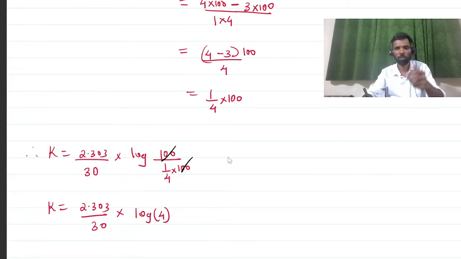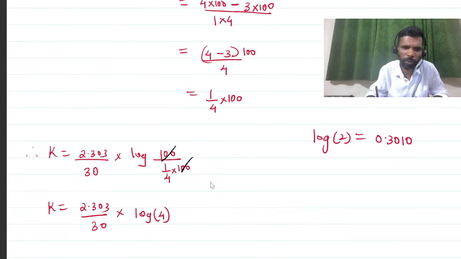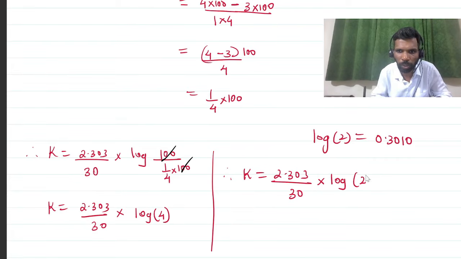Now how to find log of 4? Everyone should know that log of 2 is very important. It is 0.3010. Everyone should know this log. So how to solve this part? I'll write over here. Therefore, K is equal to 2.303 divided by 30 log of 4 could be also written as 2 raised to 2, right? It could be also written this way. So from the identities of the logarithm, can I write this as 2 into log 2?